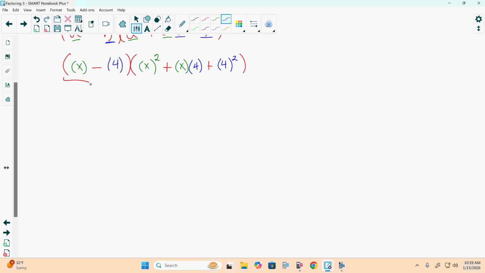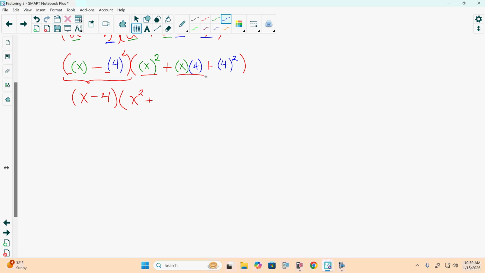Now this first set of parentheses, there's nothing in front of the numbers, there's no exponents. So at the x we drop the parentheses, we still have minus, and we have the 4. Our next one is the x squared. We're multiplying x by itself, so x times x is just going to give us x squared.